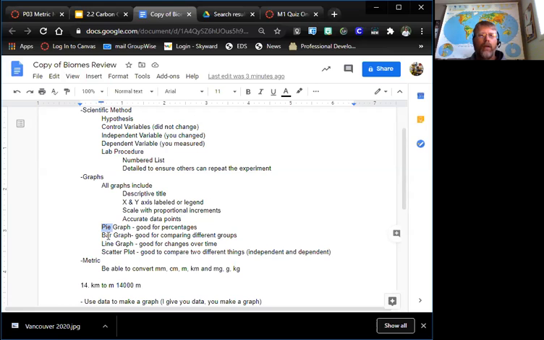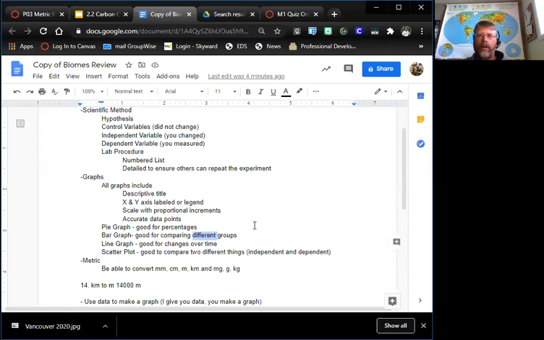If I said how many people like tacos as opposed to it being their favorite, well, you might like tacos and like hamburgers. So you can't put them all into one pie chart. You would have to split it up into a bar graph to show different groups.